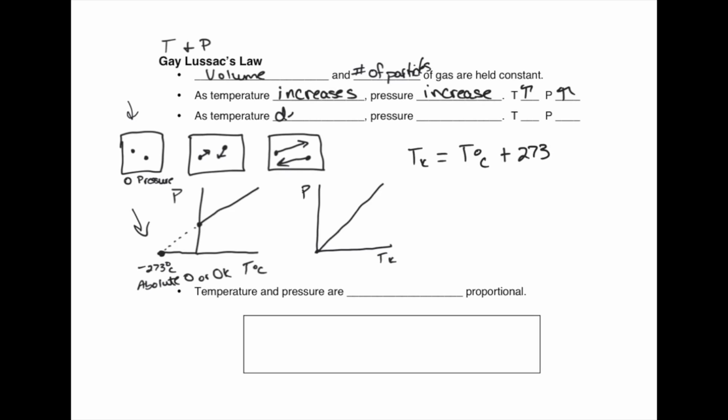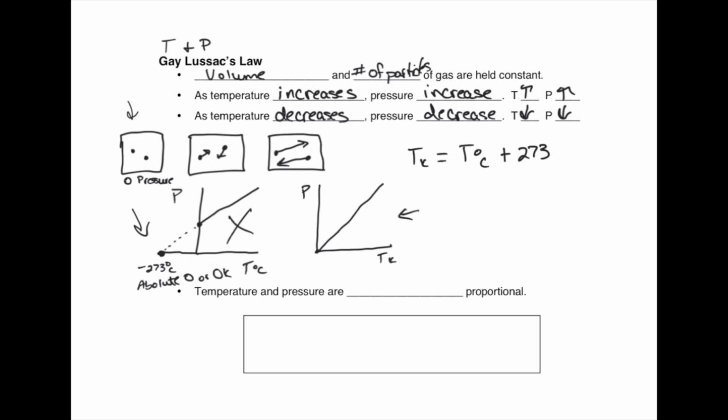And as the temperature decreases, the pressure decreases. Now, it's important while we're working on gas law problems that we use this graph as our basis and not the graph that is the relationship between pressure and degrees Celsius.